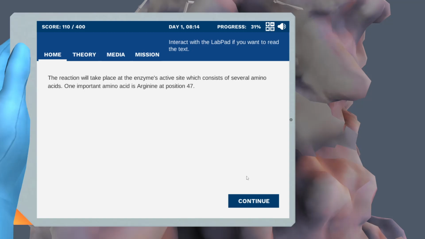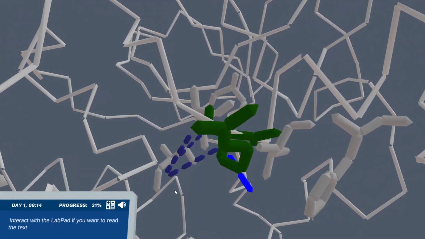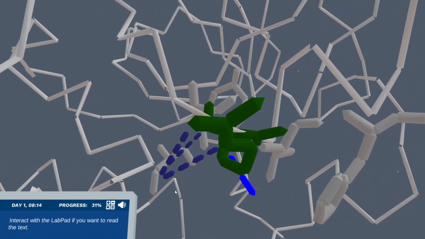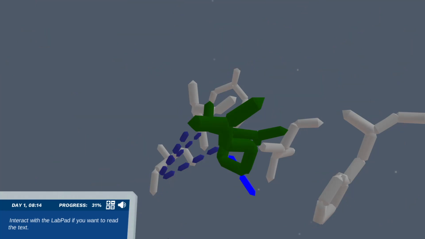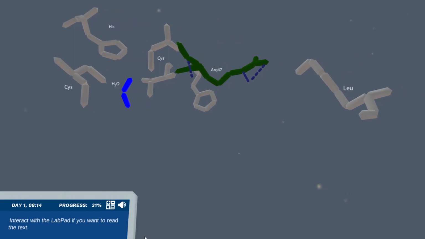One important amino acid is arginine at position 47. The zinc ion is located close to the water molecule. The NAD+ and ethanol bind with the side chain on arg 47.